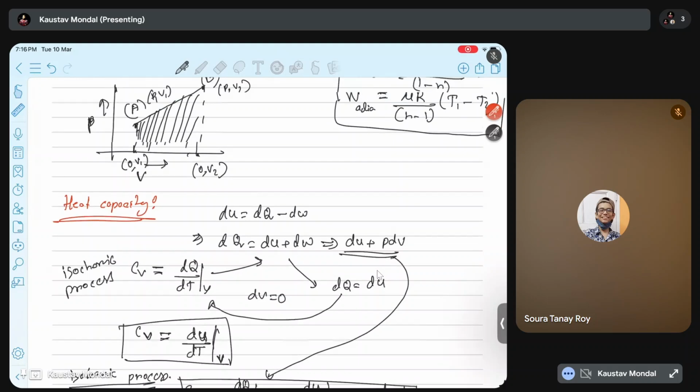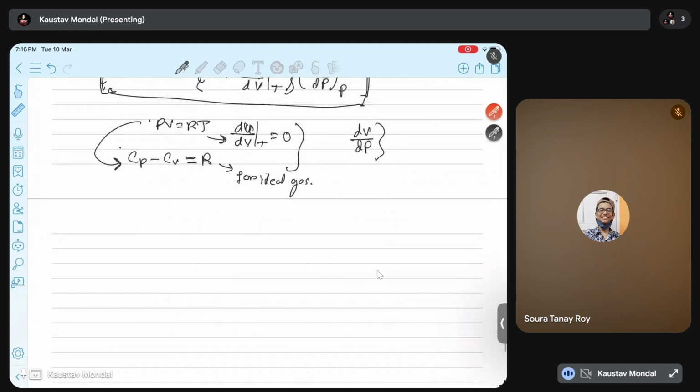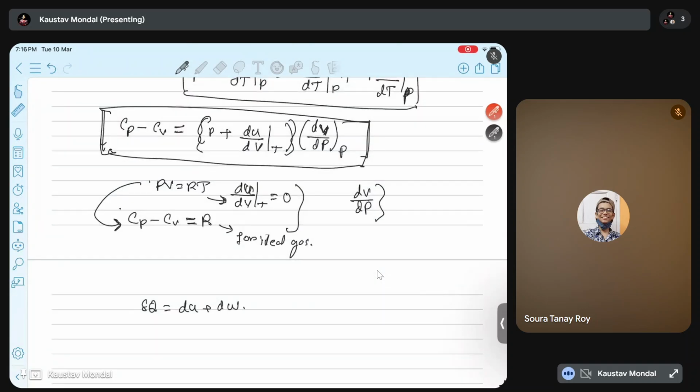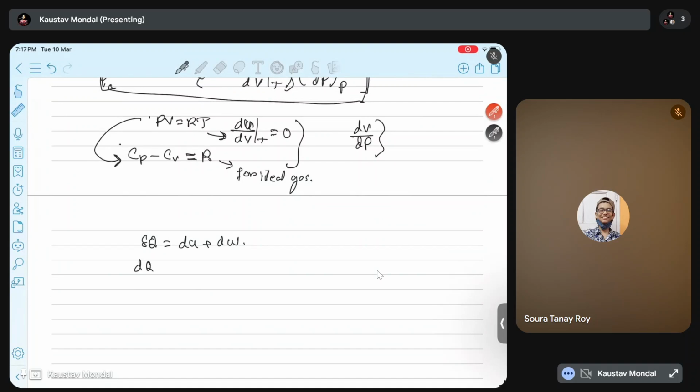Previously we discussed how to calculate delta W. If you know delta W, from that information you can also calculate the change of heat, delta Q. Delta Q is related to delta U plus delta W. Delta W we have discussed how to calculate, and delta U is nothing but CV dT, if you know the specific heat at constant volume.